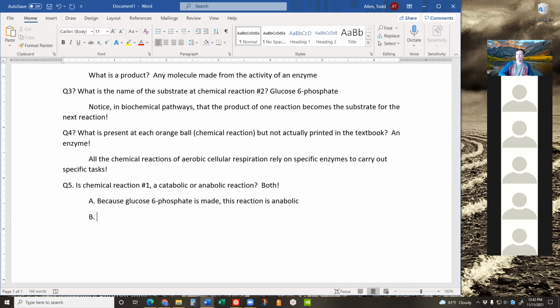So is chemical reaction number 1 anabolic or catabolic? The answer is it's both, because 2 things are happening simultaneously. Because ATP is broken down, this reaction is also catabolic.